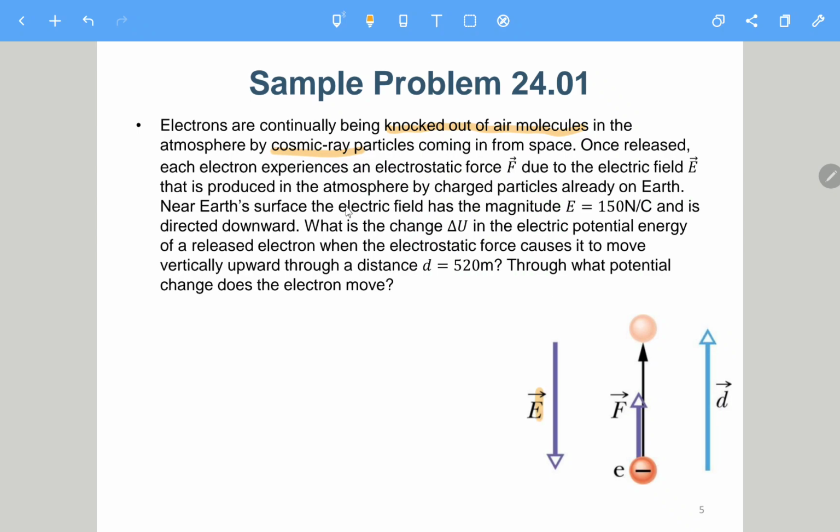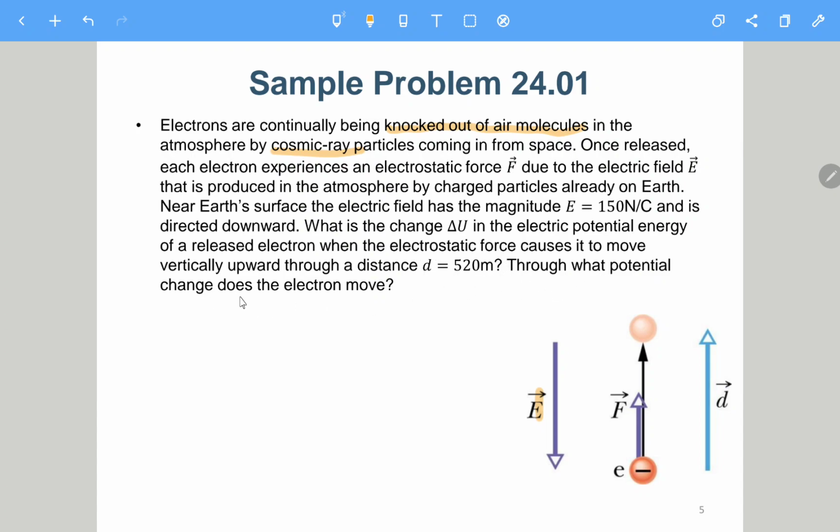Near Earth's surface, the electric field has the magnitude E equals 150 nano per coulomb, and is directed downward. What is the change delta U in the electric potential energy of a released electron when the electrostatic force causes it to move vertically upward through a distance d equals this value?